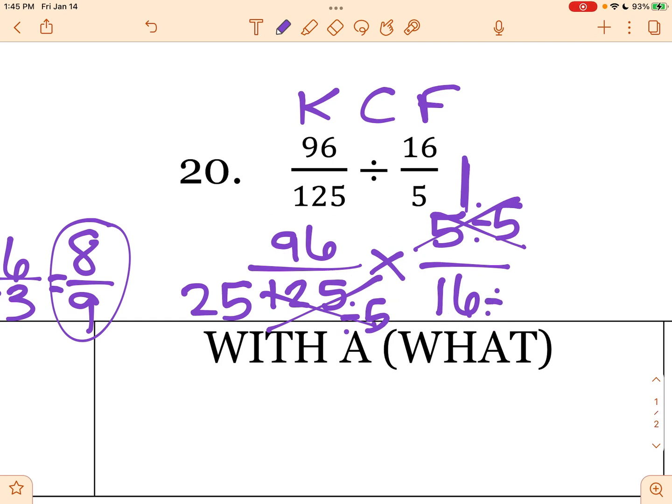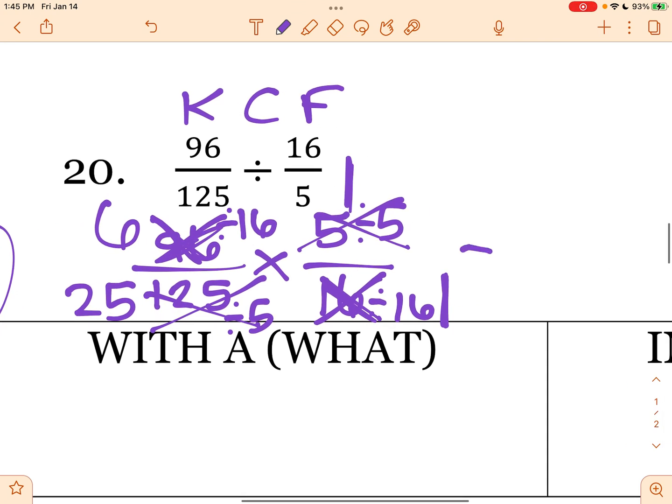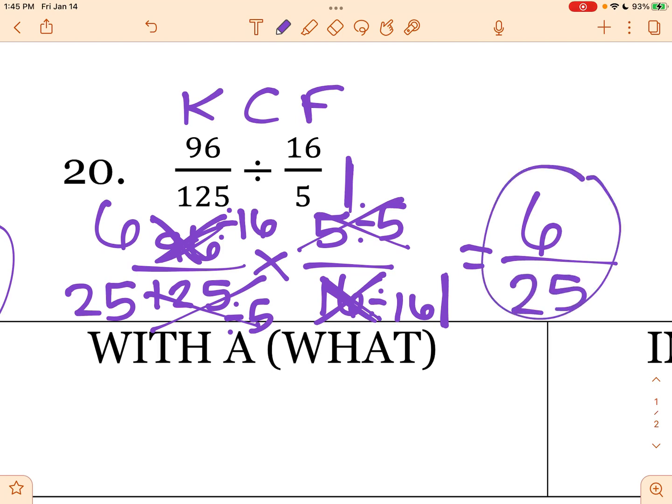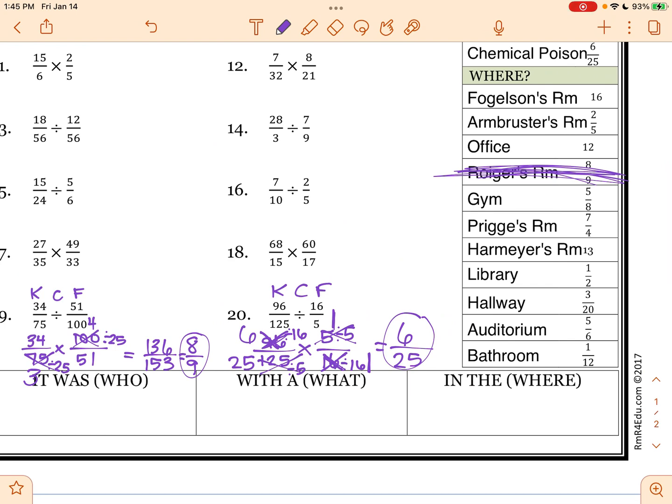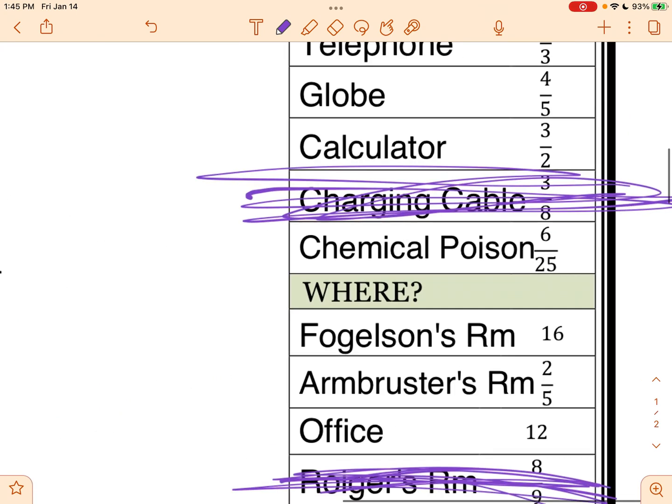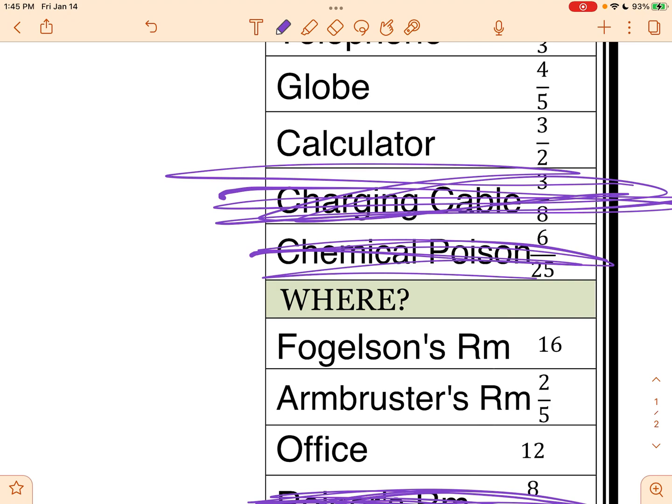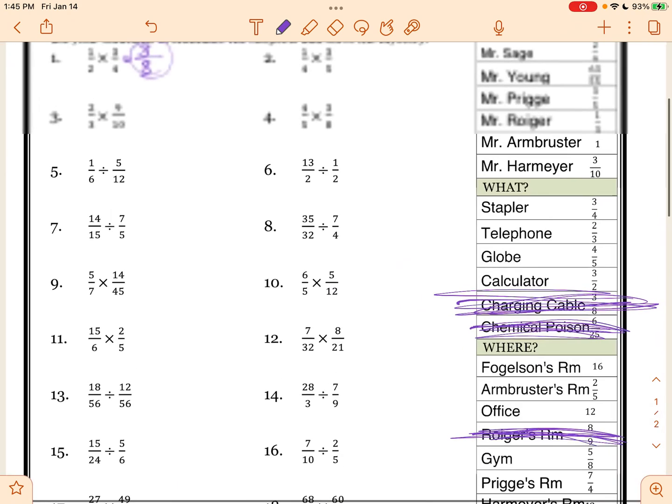We could divide both of these numbers by 16. 16 divided by 16 is 1, and 96 divided by 16 is 6. So now we could multiply smaller numbers. 6 times 1 is 6. 25 times 1 is 25. So your answer is 6 over 25. Now let's find that in our list. Here it is, the chemical poison, so you can cross that off.